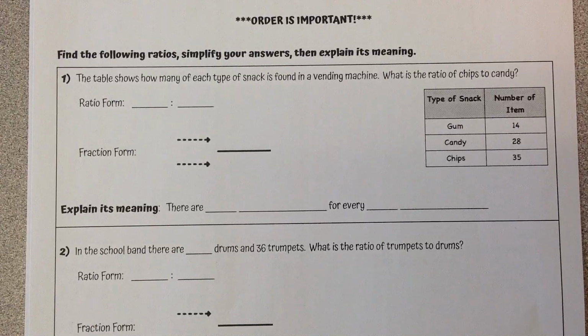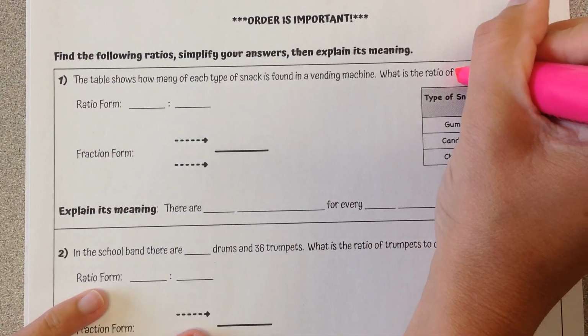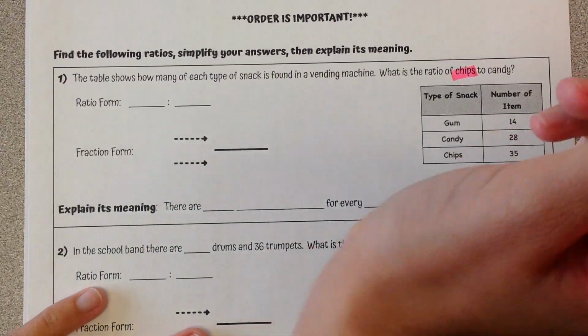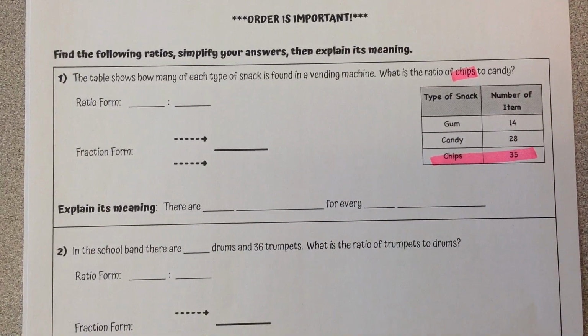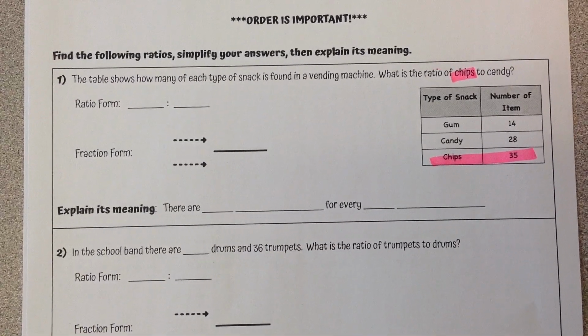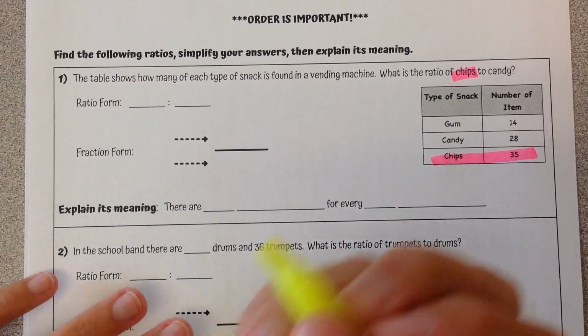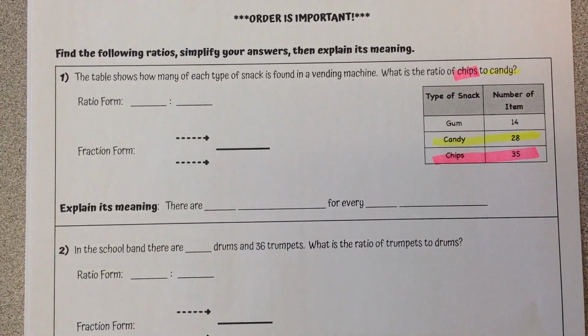I'm going to use my highlighter and look at the two different things here. We're comparing chips, which is right here in our table, to candy, which is right here.